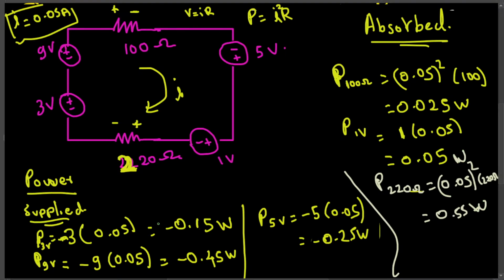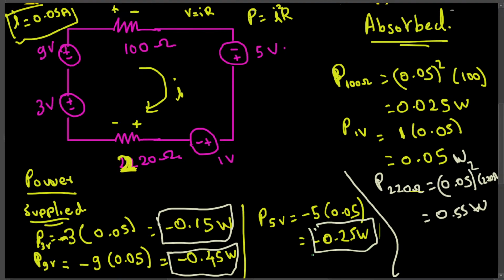And here we have three power supplied. We have negative 0.15 watts, and we have negative 0.45 watts, and then we have negative 0.25 watts. And if you add them together, you're going to get power supplied is equal to negative 0.85.